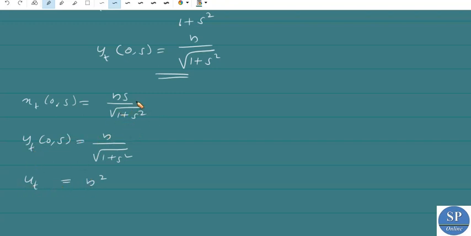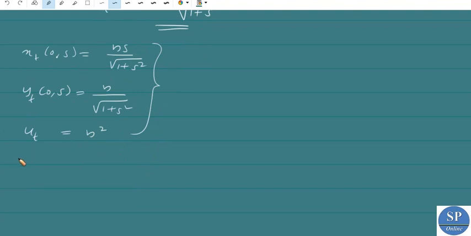So now on integration we get, integrating this with respect to t, x of (t, s) is equal to n s divided by square root of 1 plus s square into t. This is a constant with respect to t.